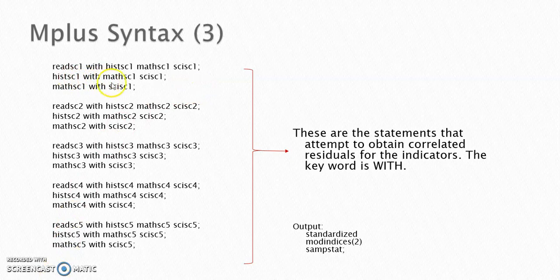History SC1 has correlated covariances with math SC1, science SC1. And at the end, math SC1 has correlated covariance with science SC1. We have 6 pairs to specify because there are 4 items in the set. Then the same is repeated for the other 4 sets of questions.